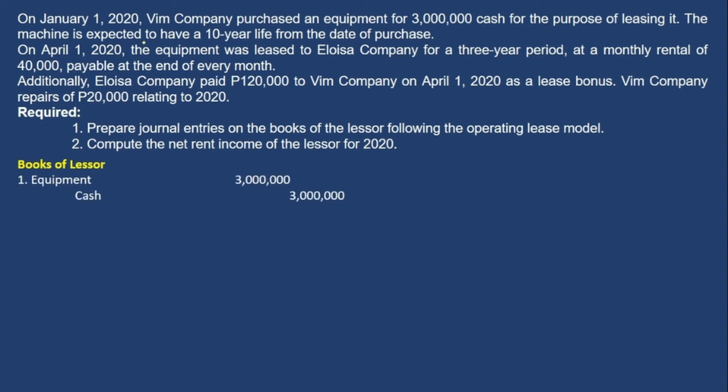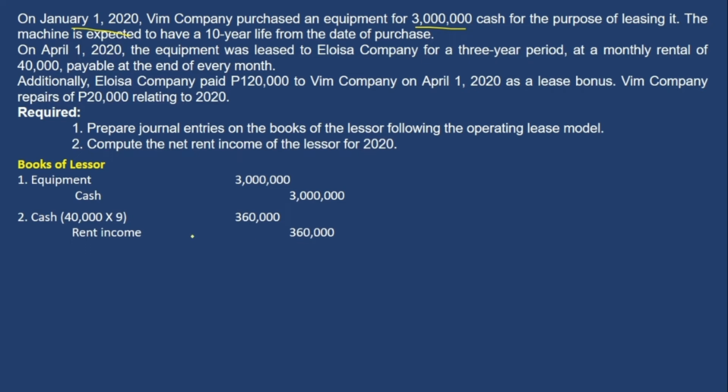The first entry is the acquisition of equipment on January 1, 2020 worth 3 million. So, debit equipment 3 million, credit cash 3 million. Second entry is the rent income. So, debit cash 360,000, credit rent income 360,000.